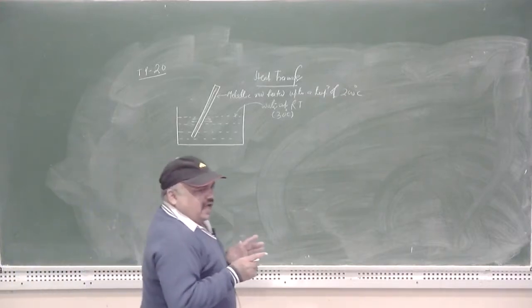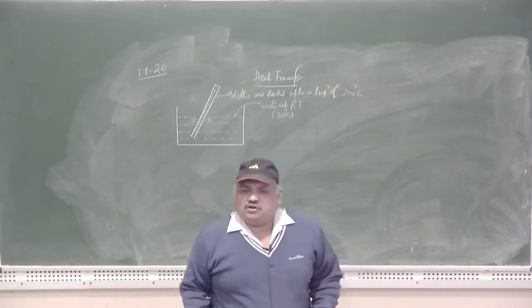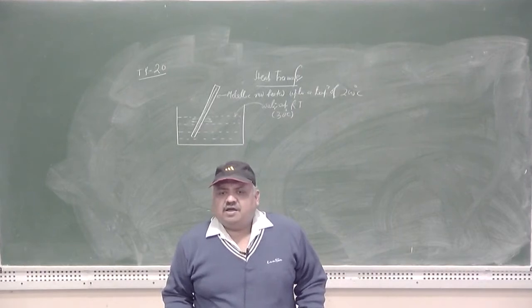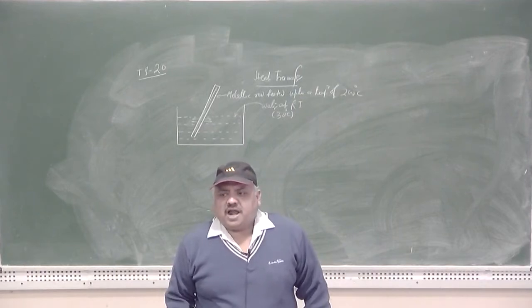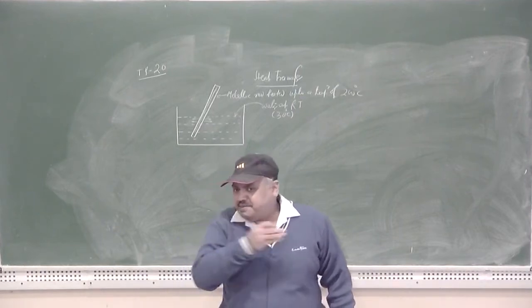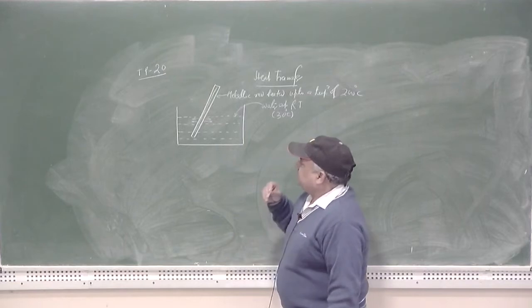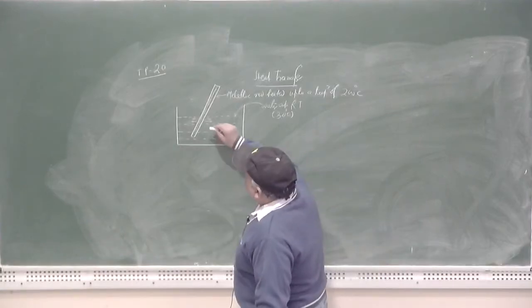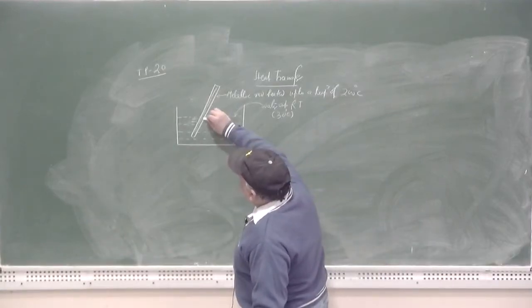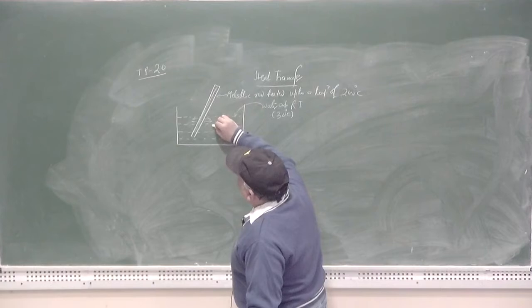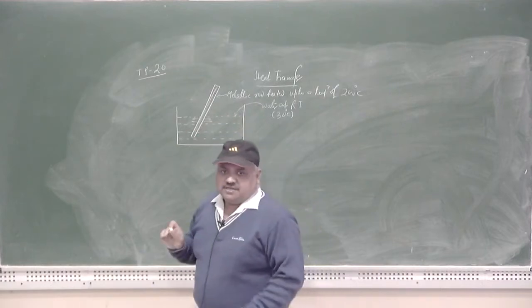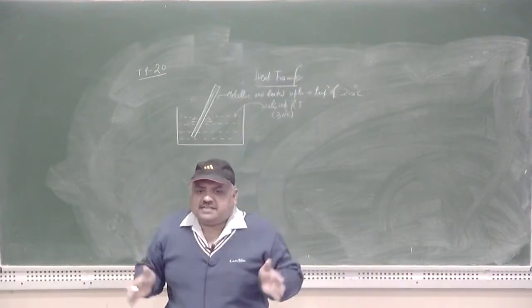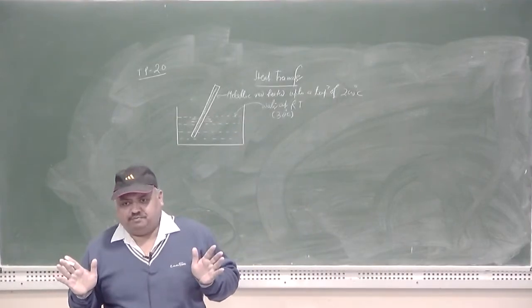If anybody asks you what should be the equilibrium temperature of this system after the attainment of equilibrium, means neither the heat is being transferred from the heated rod to the water or from the water to rod. That means for the entire system the temperature is uniform.